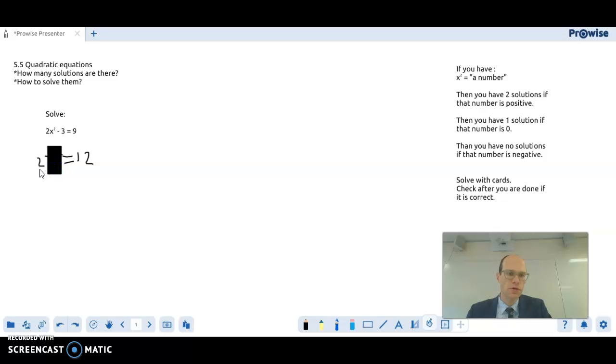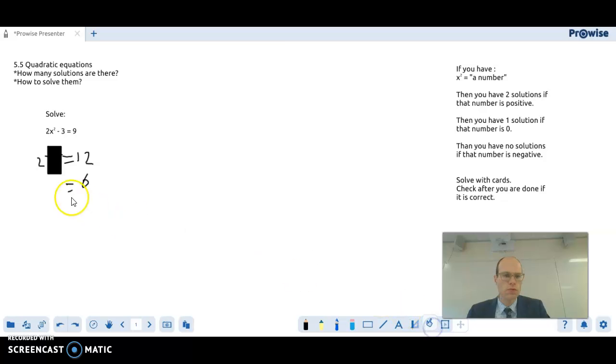I have 2 multiplied by something is 12. What can that something be? Let me think about it. 2 times 6 is 12. Yeah, so that something is 6. So what's under the card is 6.